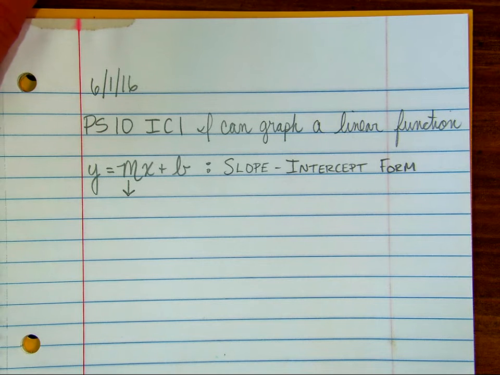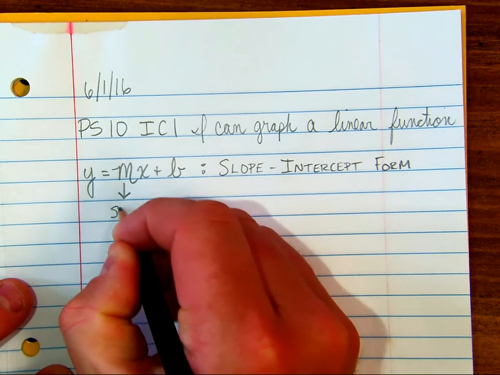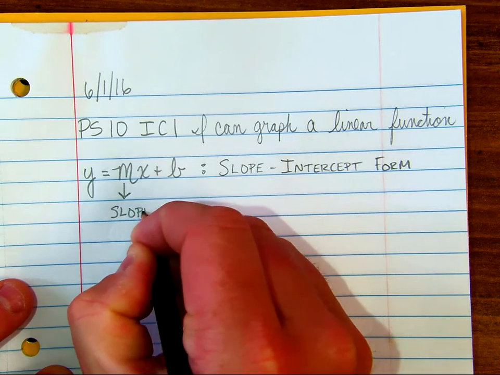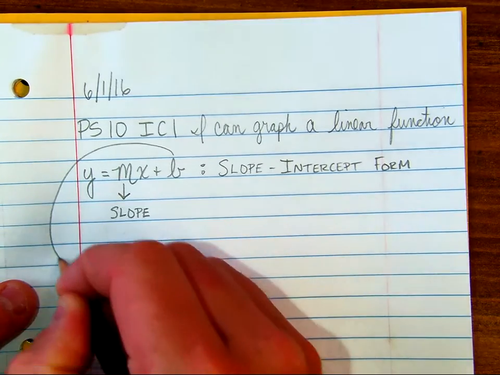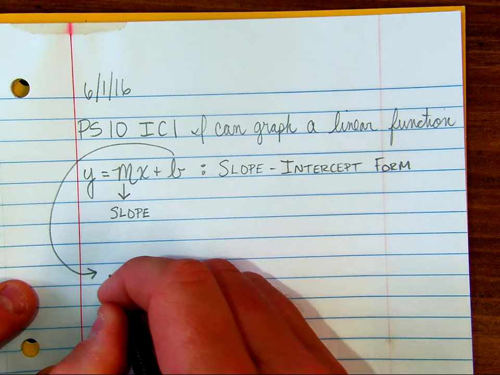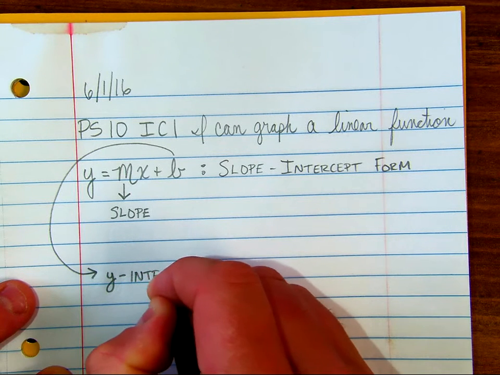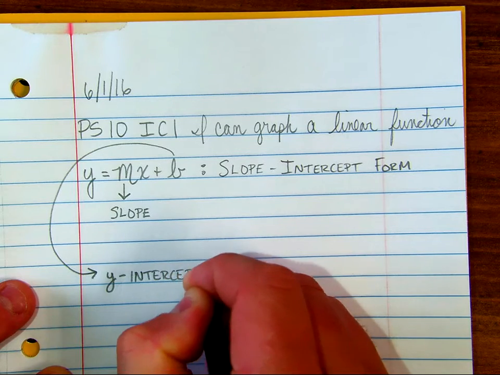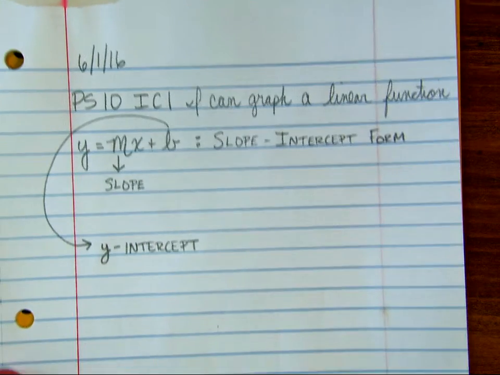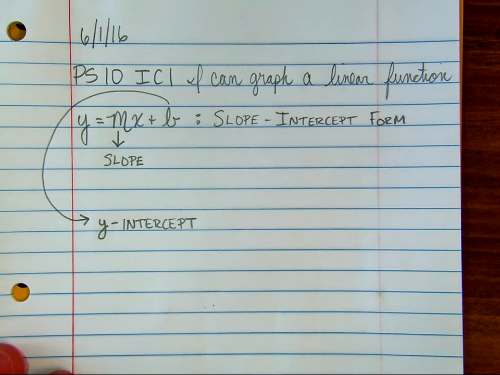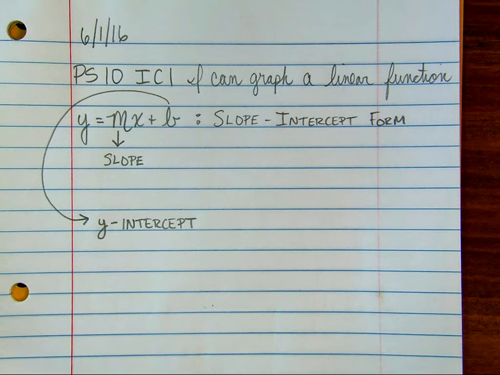Now, the reason why this form is called slope intercept is because you are given in the equation the slope and the intercept. Now, Mr. Meeks, for the past 2 days, you've been talking about the y-intercept.